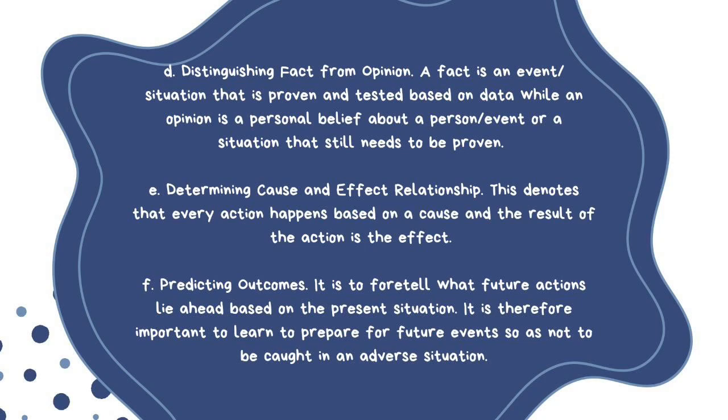Understanding that every action, which is the cause, produces a specific outcome, which is the effect, is recognizing the relationship between events where one event leads to another. For example, if it rains, the cause, the streets become wet, the effect. Understanding this relationship helps us make sense of the world around us and predict outcomes based on certain actions or events.